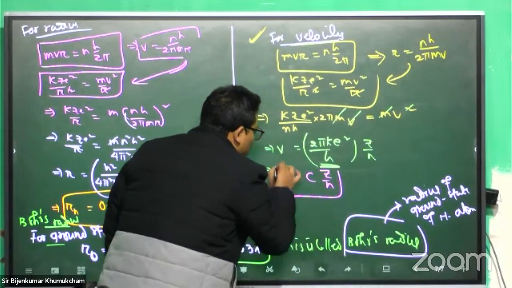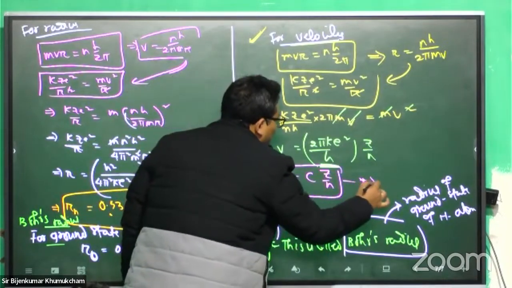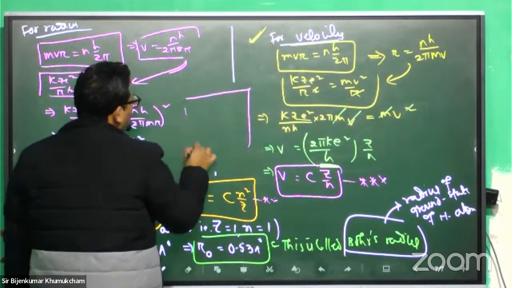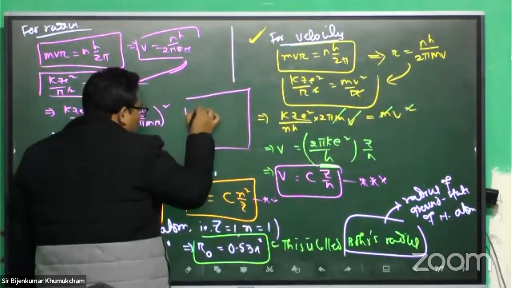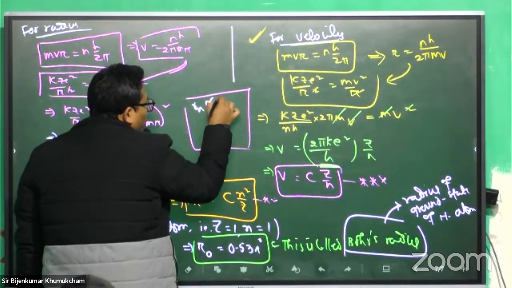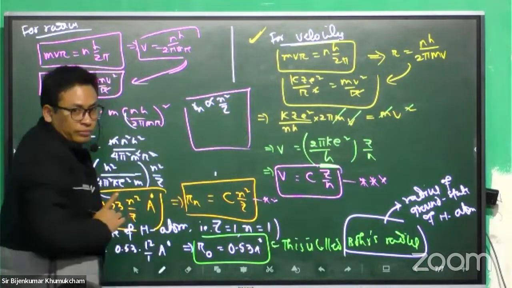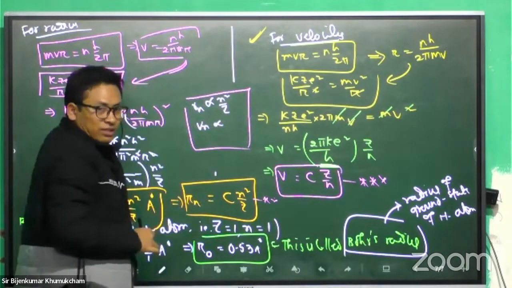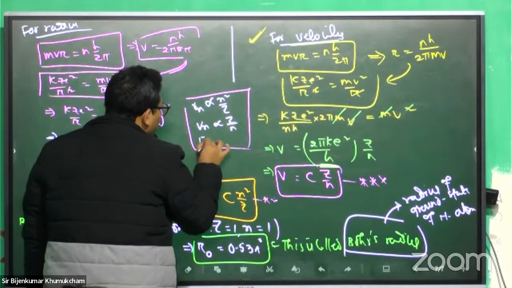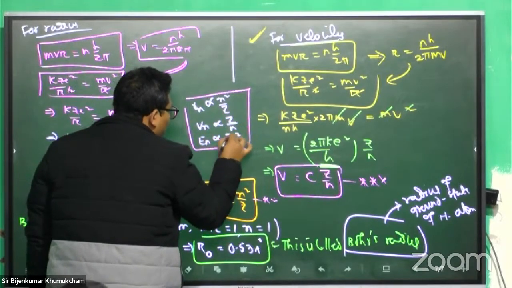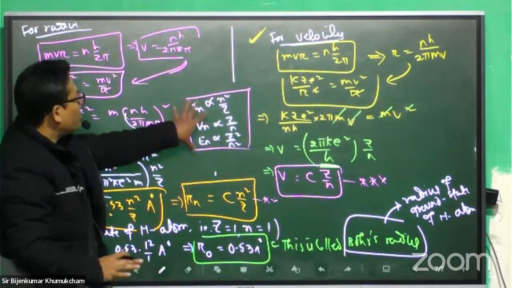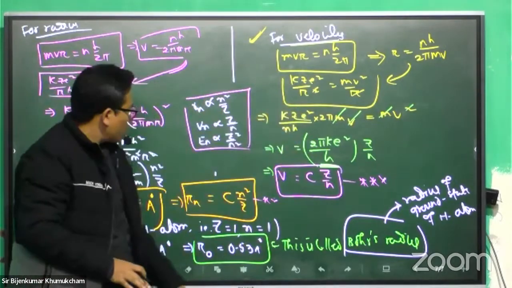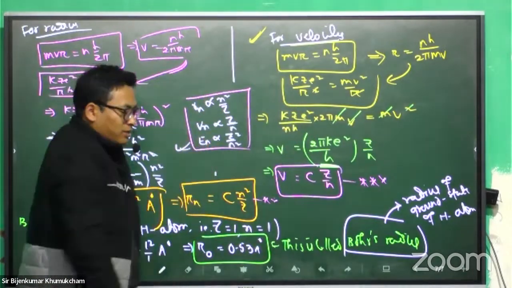So what did we know so far? r is directly proportional to n square by Z, and what about the velocity v_n? It depends on Z by n, and the energy depends on Z square by n square. Clear? We can derive more.